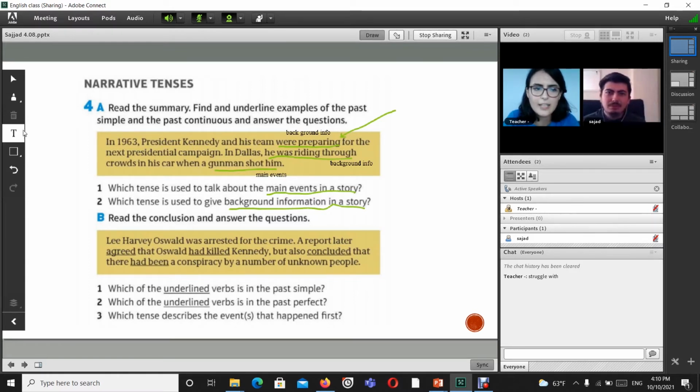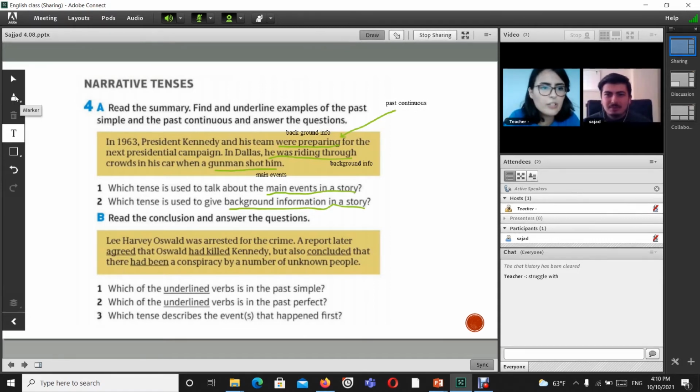I can see the ing, so it's not simple. I'm okay with the past part, I'm just saying that I can see ing. So past continuous. Thank you. Past continuous.